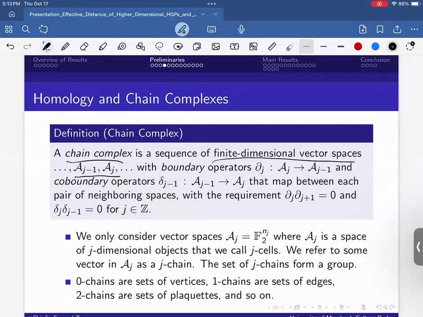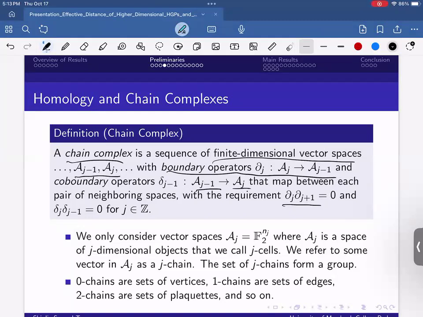And each is equipped with a boundary operator that maps it from A_j to A_{j-1}, and a co-boundary operator that maps it from A_{j-1} to A_j. You can think of these boundary operators as group homomorphisms because each of those vector spaces are groups themselves.